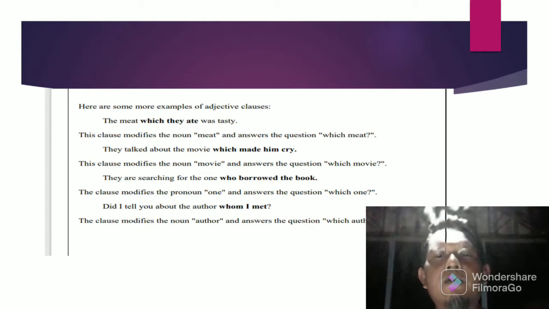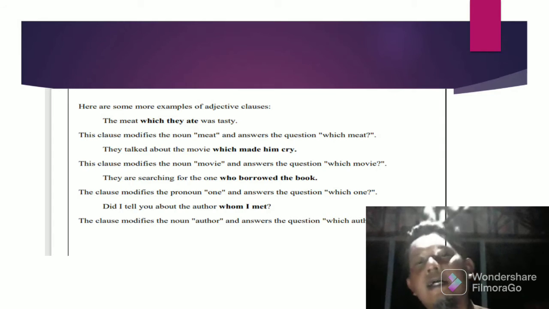Then, did I tell you about the author whom I met? The clause modifies the noun author and answers the question which author. Students, here are some more examples about adjective clauses.